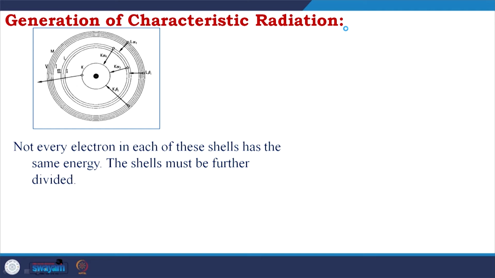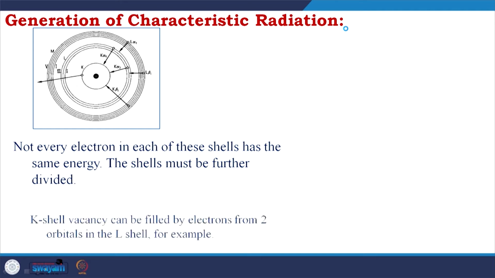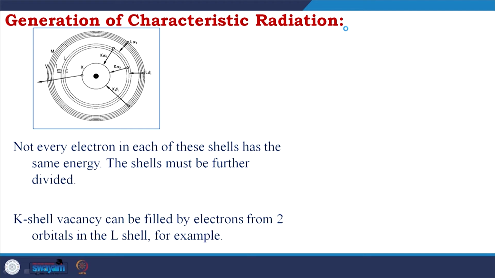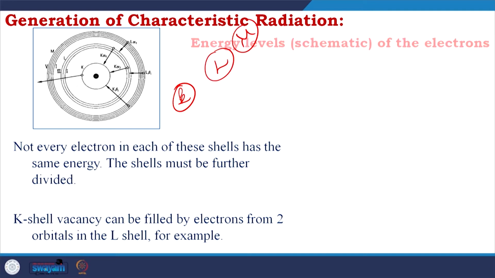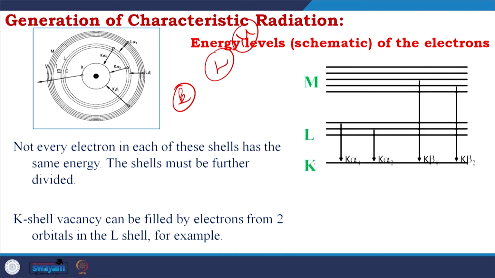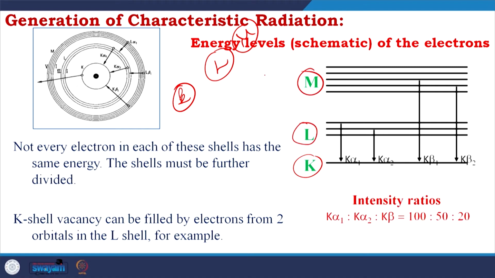The shells must be further divided. K shell vacancy can be filled by electrons from two orbitals in the L shell. So, K, L and M. So, when there is a vacancy in K, this would be filled by L and then M. Energy levels of the electrons, as I talked about, K, L and M. So, when one jump it is alpha, when two jumps it is beta.